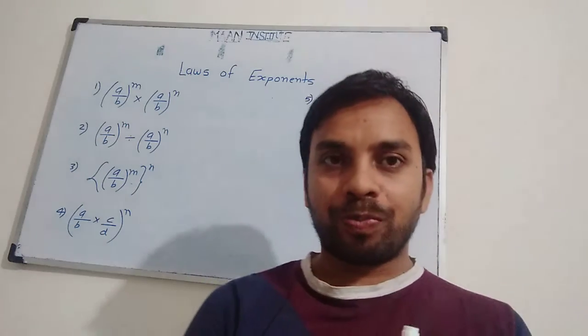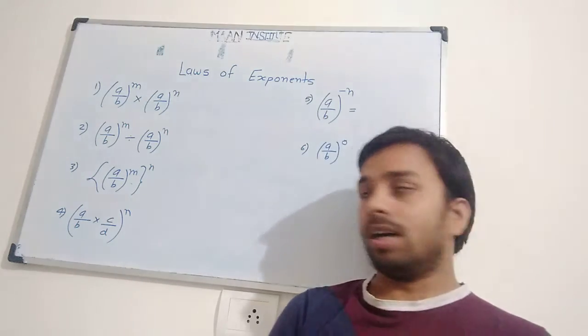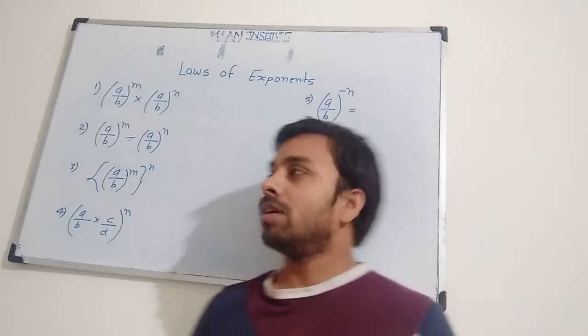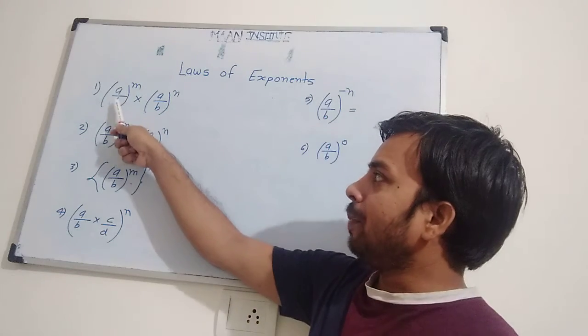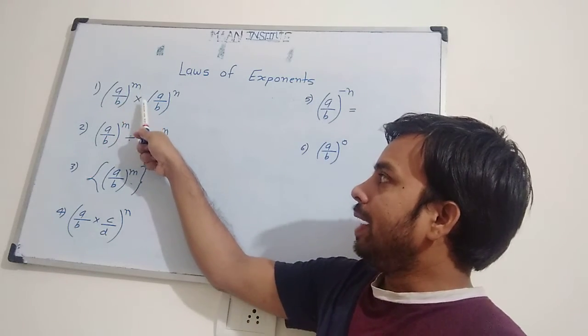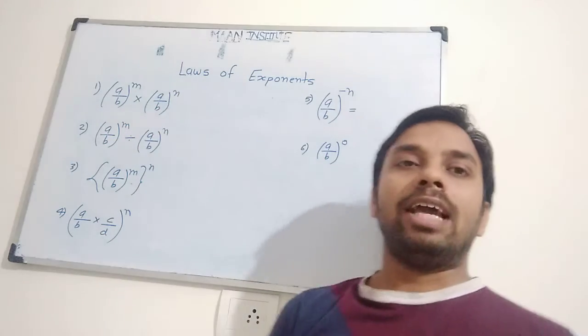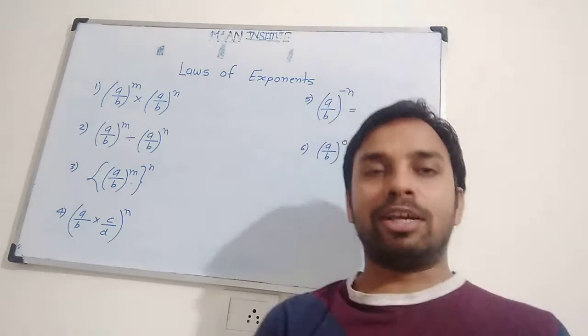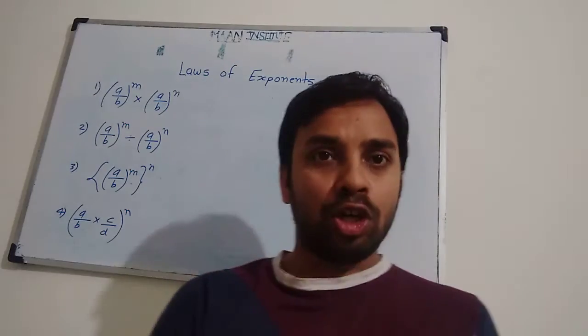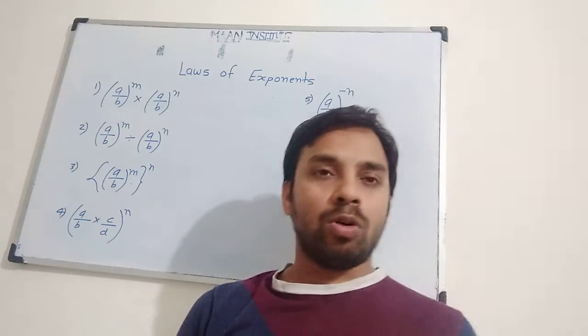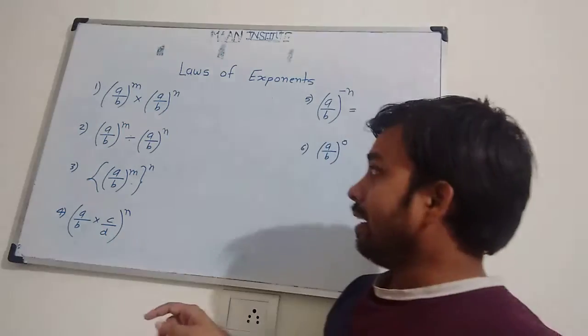Right? So, the first law is, look at the board. (a/b)^m multiplied by (a/b)^n. If you have this type of expression in your question, what will you do? Concentrate. Look here.